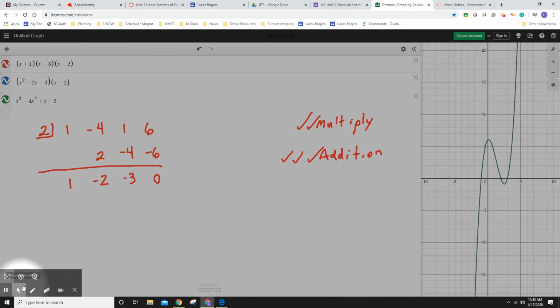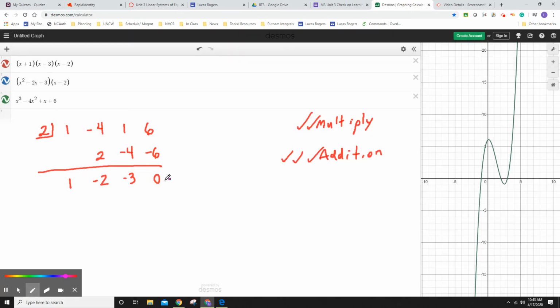So focusing in specifically on this 0, when that last value from the last column here gives you 0 as a response, that always means that 2 was a root, which remember means that that's the spot that it crosses on the x-axis. It crosses at x equals 2, and that means that the factor then was x minus 2.